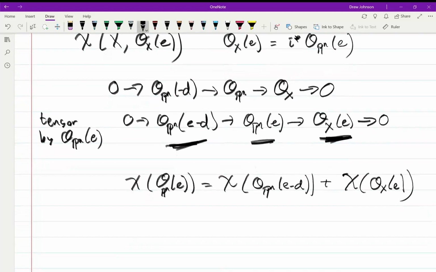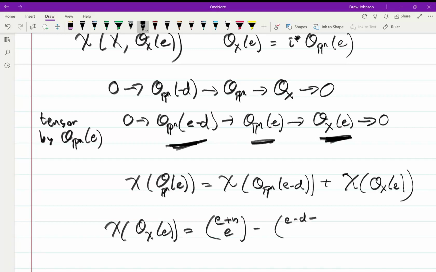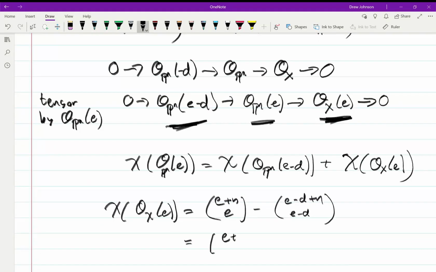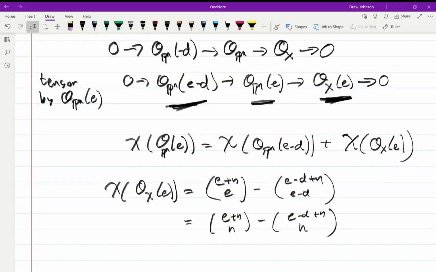And so now we just plug into our formula, and we get a nice formula for this. It'll just be (e+n choose e) minus (e-d+n choose e-d). Or actually, it's probably easier to write, and it's equal to the same thing if we write it like this. Okay, so there's a formula for a twisting sheaf on a hypersurface.